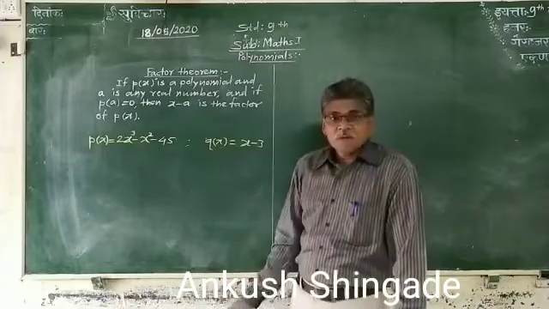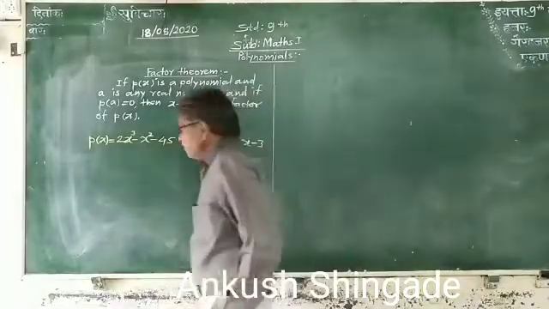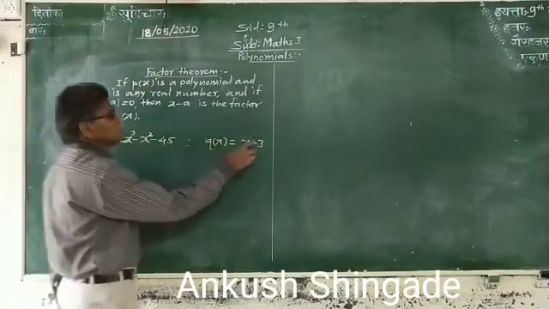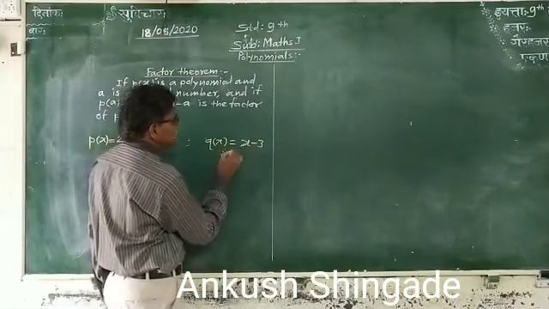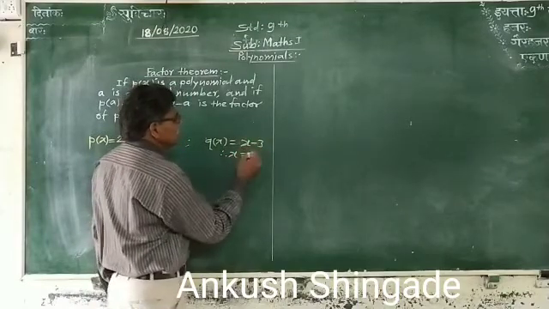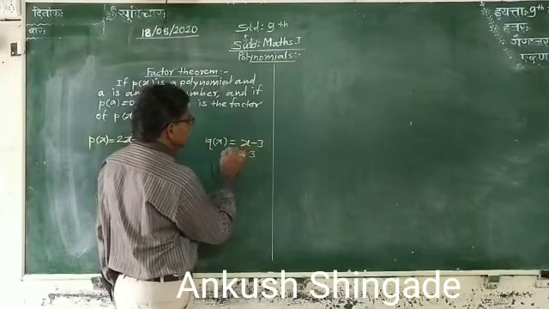So now study this example. Here Px is given like this. Qx is x minus 3. That means x equal to minus 3, we get plus 3.